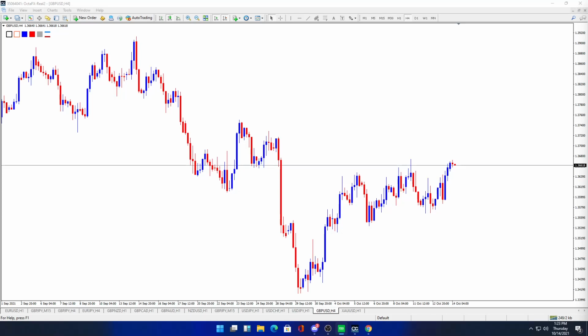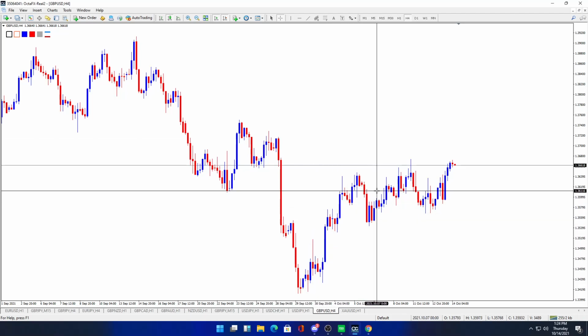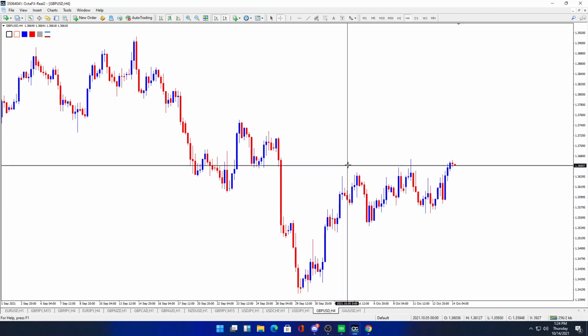Right now I open the time frame H4, meaning one candlestick finishes in 4 hours.